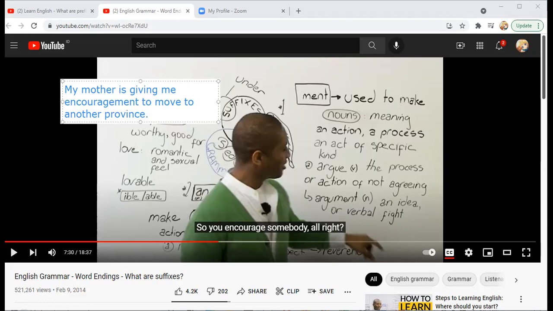Nah, like jadinya ibu saya memberikan saya, mendorong saya, kan, mendorong saya.